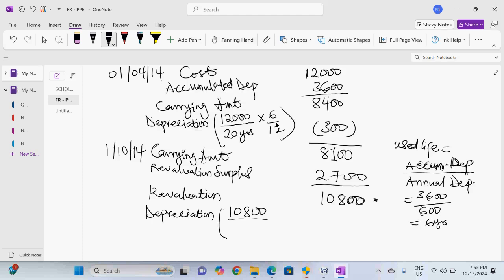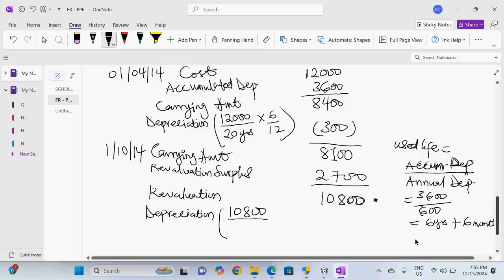In addition to the 6 years, we have used an additional 6 months. That will give us 6.5 years. So that is the used life.